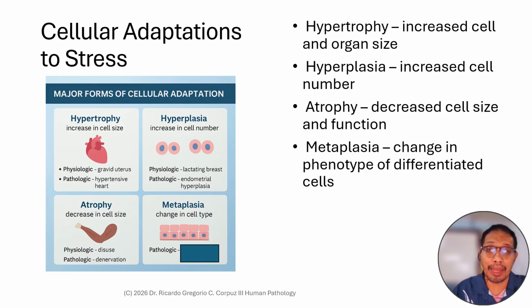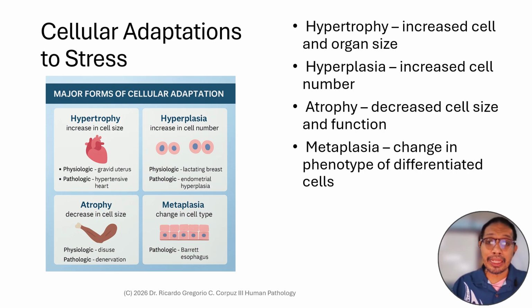A classic example is squamous metaplasia in the bronchi of chronic smokers. The non-ciliated columnar epithelium is replaced by a tougher squamous epithelium that can better tolerate smoke exposure. However, this adaptation comes at a loss: the loss of mucociliary clearance and an increased risk of infection and malignancy.